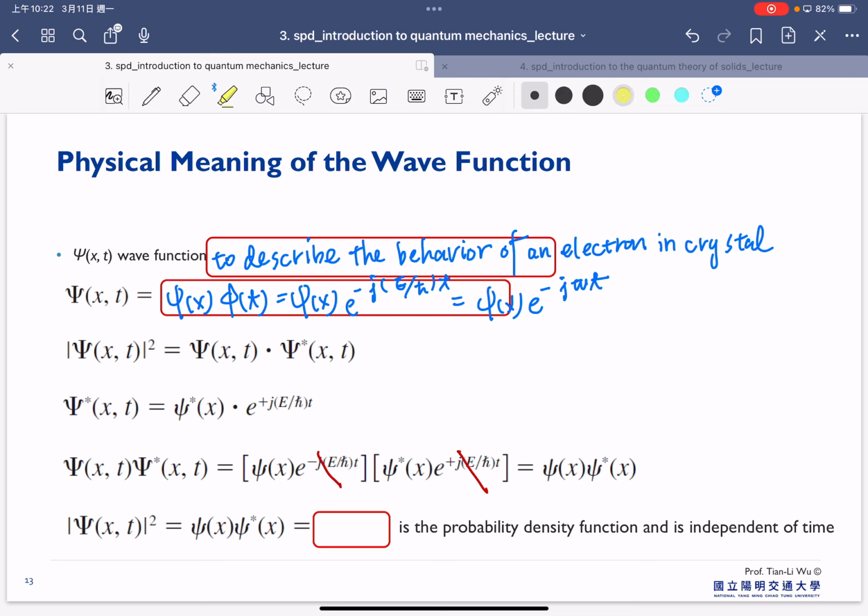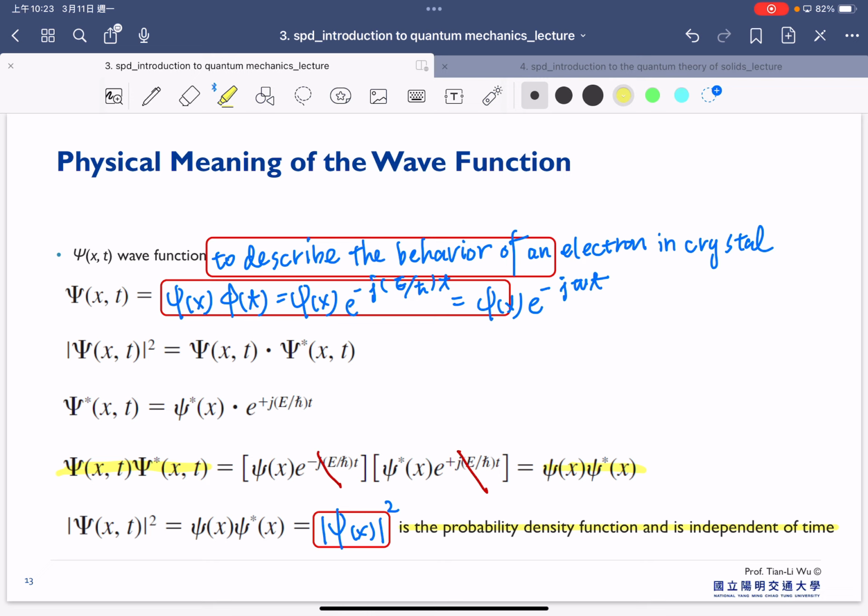Now this term becomes like this. What does this tell us? This is a probability density function and is independent of time.